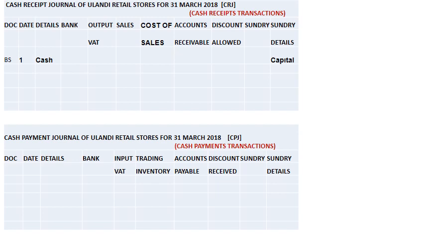Then our cash payment journal will be prepared as follows. It will be a cash payment journal of Ulandi Retail Stores for the 31st of March 2018.